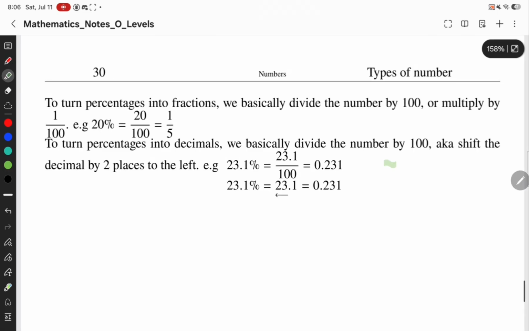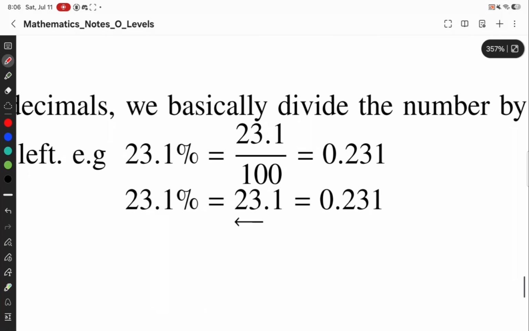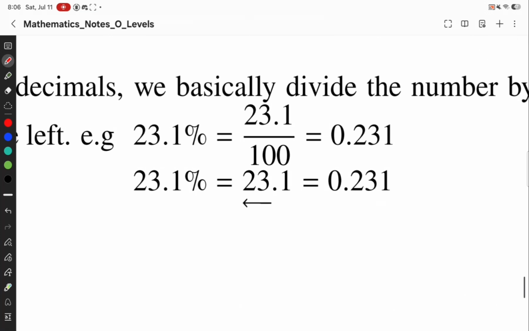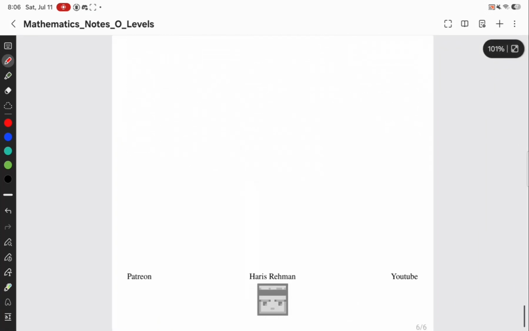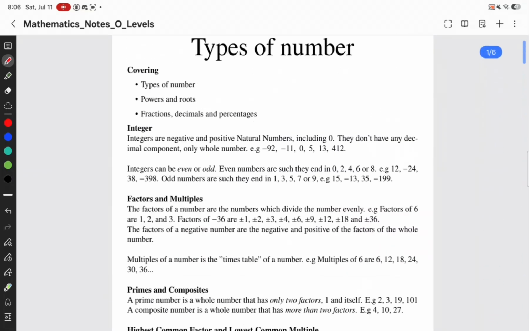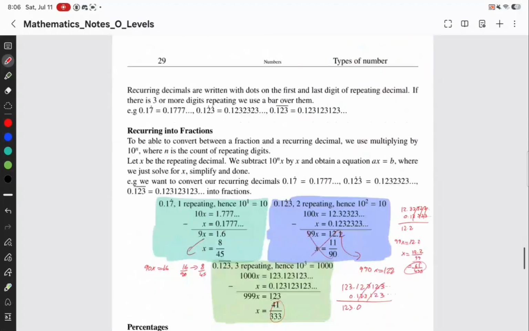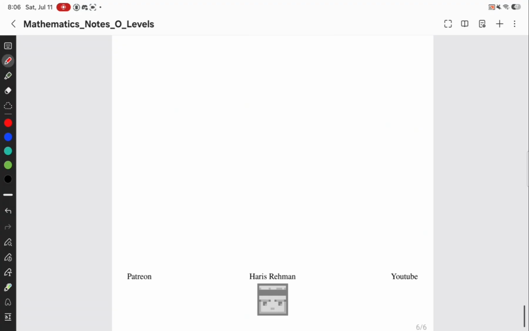This second thing I wrote, you will see in standard form. So for now you need to know it is dividing the number by 100. There will also be some practice questions about conversions between fractions, percentages and decimals at the very end of the file. So you better check those out as well.